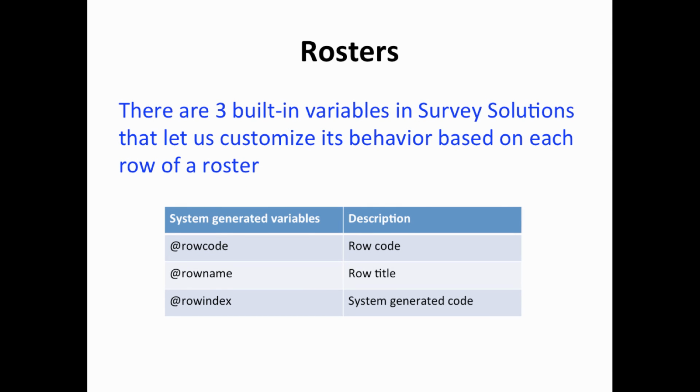There are 3 built-in variables in Survey Solutions that let us customize its behavior based on each row of a roster. These are @rowIndex, @rowCode, and @rowName. Please note that @rowIndex is a system-generated code, and it always starts with 0. It should only be used with fixed set of items rosters and not in any other situation due to the dynamic nature of rosters.